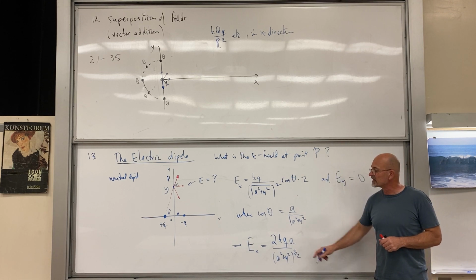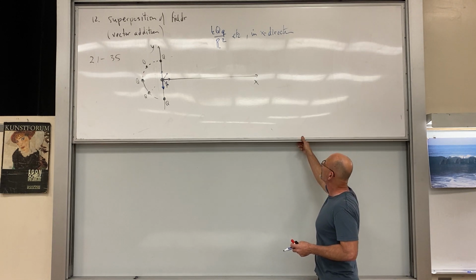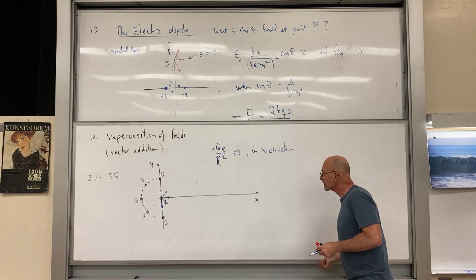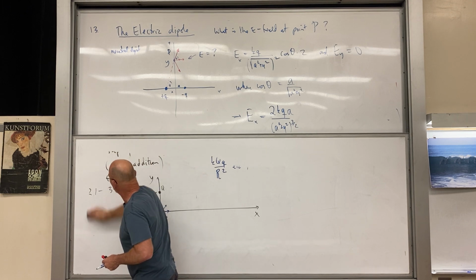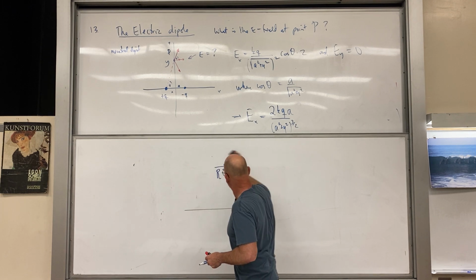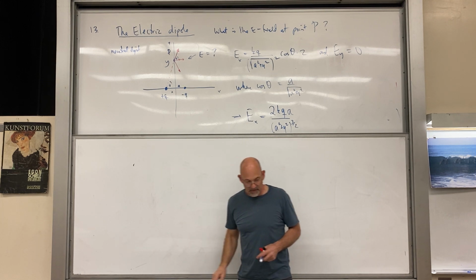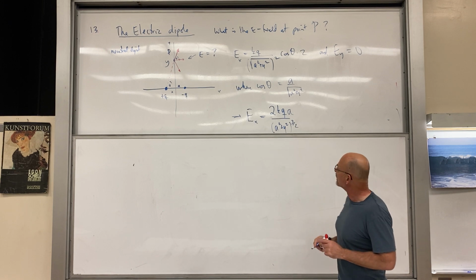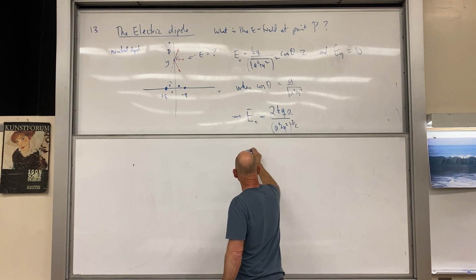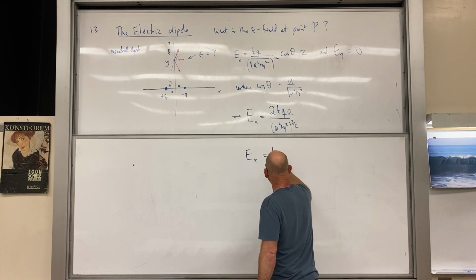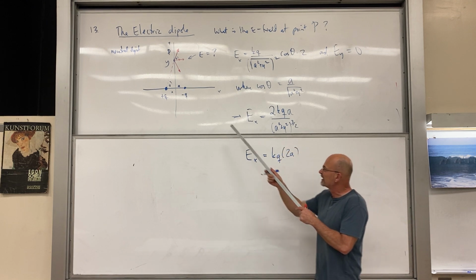So let's analyze this a little bit more. Needs more room. So directly underneath here, I'll erase this. Just see what that means. So E sub x, let's do it this way. kQ, I'm going to put the 2a in parentheses because the 2a is really the important quantity.